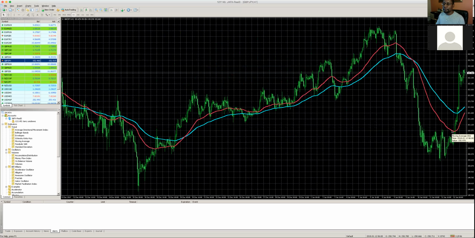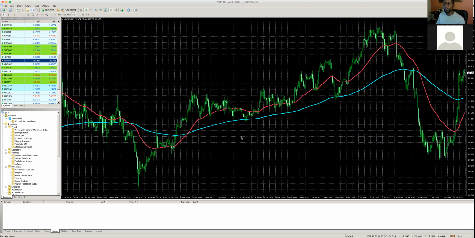And I noticed that when I had the moving average for 200 for the blue, which I'm going to show you guys, just take a look at this right here. I'm going to double click on it, and I'm going to change it to 200. Watch what happens to the blue. See how far that blue dropped down?